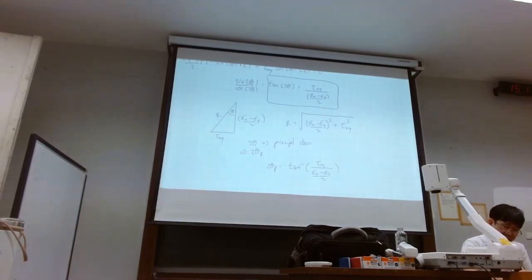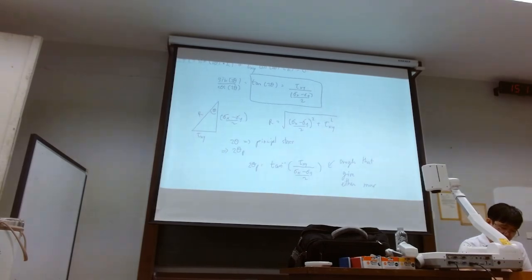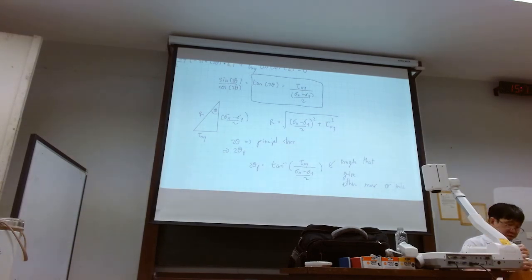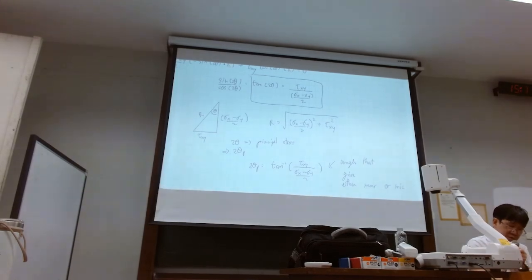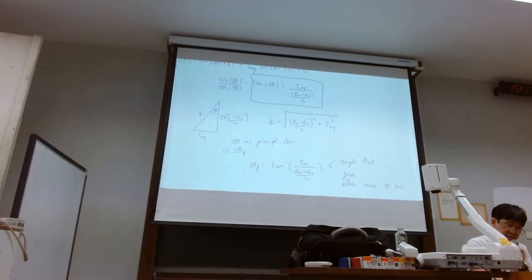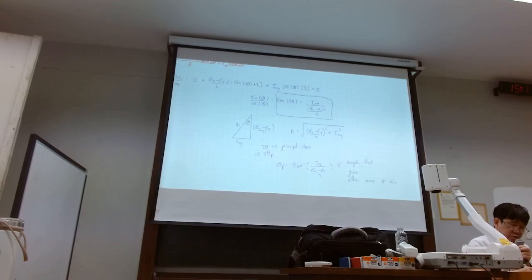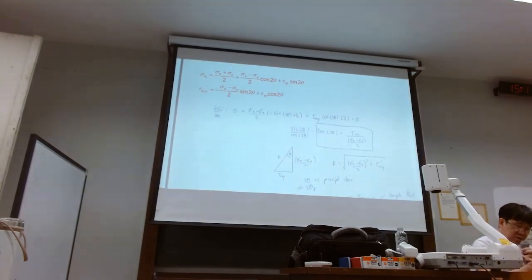And this would be the angle that gives either max or min. So what happened here is that you use this 2 theta p, or you're using this triangle to go back to the substitution of this.